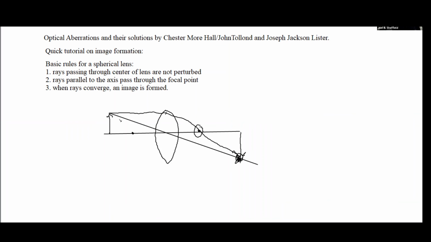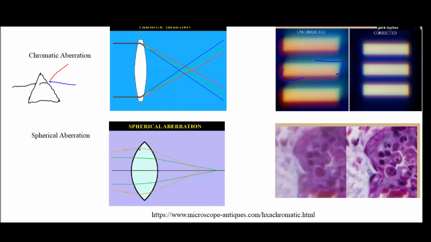So the light rays that are parallel close to the center, close to the axis, go through the focal point, but the ones at the edge of the lens tend to go slightly off. So let's go back to this diagram. And you'll see the idea here is, here's light coming in at the edge of the lens, and it's a little hard to follow. Let me draw the line.